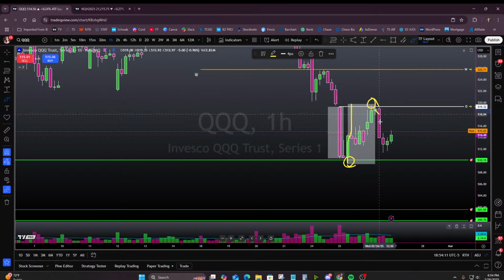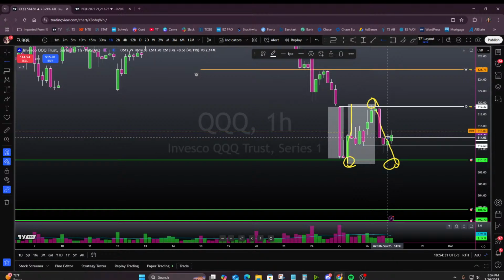Higher highs, going back through the range. We just ran out of day and we had Nvidia earnings after hours. And you had an inside and up against. So even if you were trying to hold, you would have had to cut at end of day when it went 2-1-2 back up. You would have wanted, again, to take partials there. And then you would have had to cut from there.